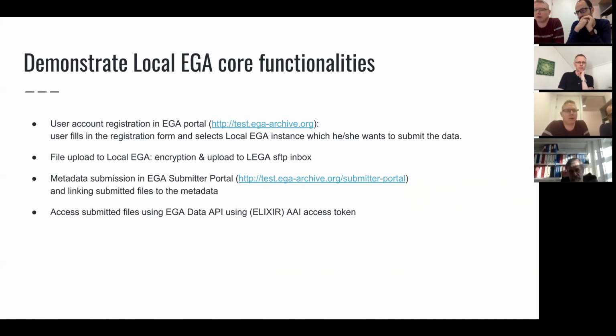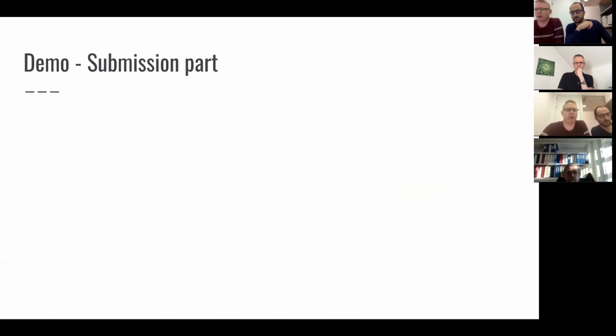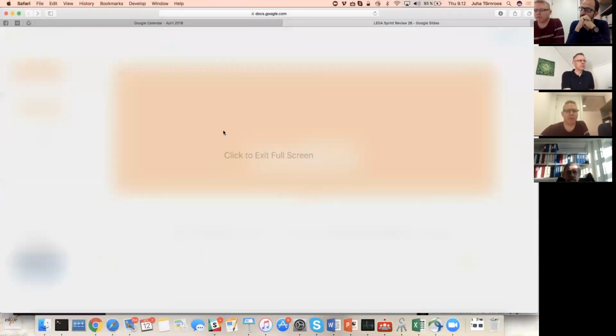And finally, we are going to show file access. So we are going to show how to access these files which are archived in local EGA, and authentication will happen using Elixir AAI access tokens. So first one is the submission part, and Brett will present that one.